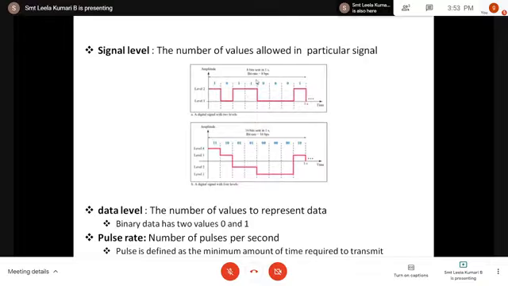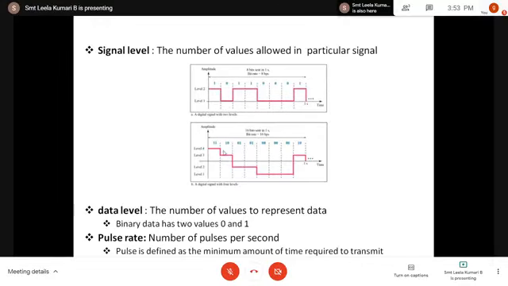In this example, each value is represented by either 0 or 1. So this level is represented by 0 and this level is represented by 1. Each value is represented by means of a data level. Therefore, here the number of data levels is 2.